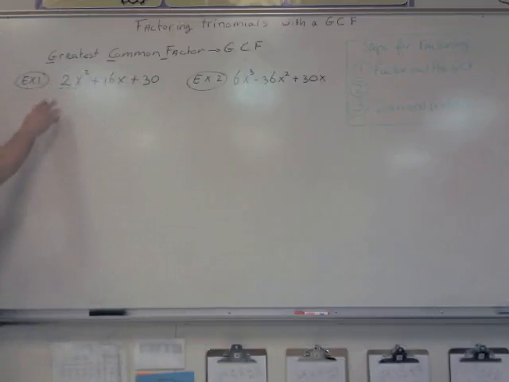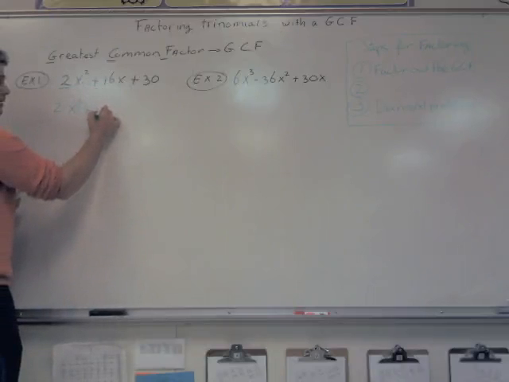Now, the way that works is here we have the factor of 2 times x squared. The 16 also has the same factor of 2 in it. I can write 16 as 2 times 8, that is the same as 16, and then x.